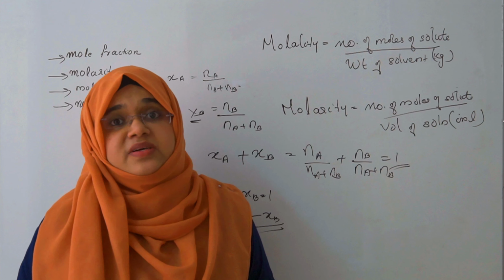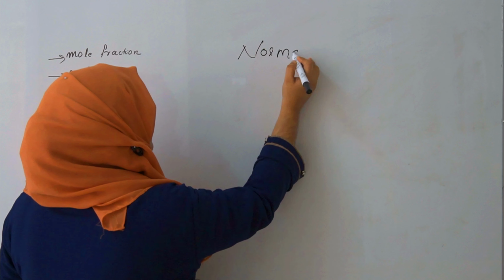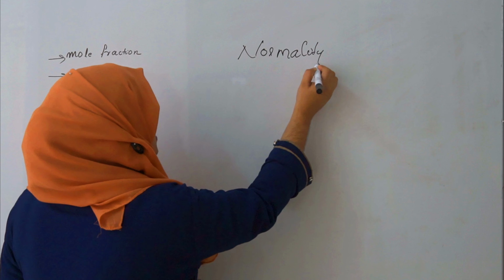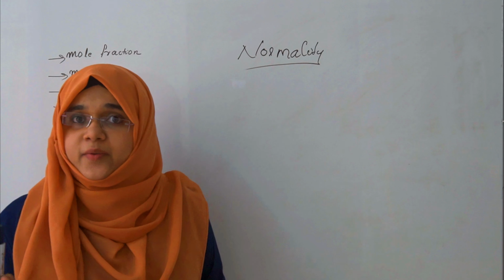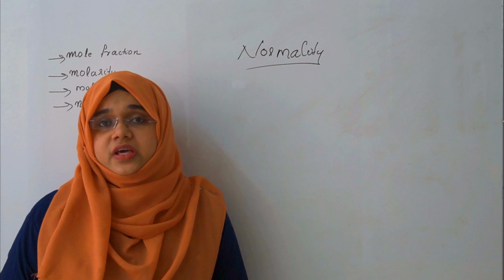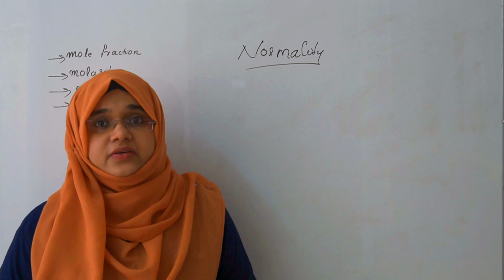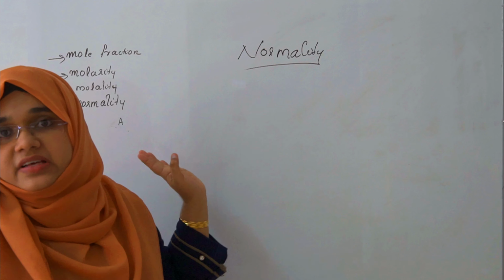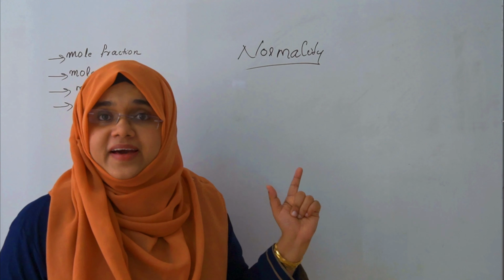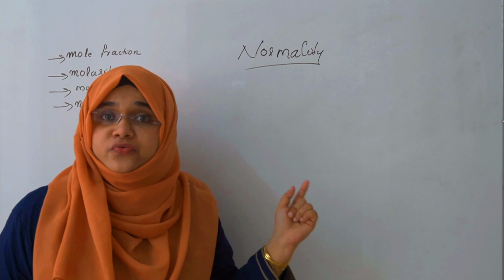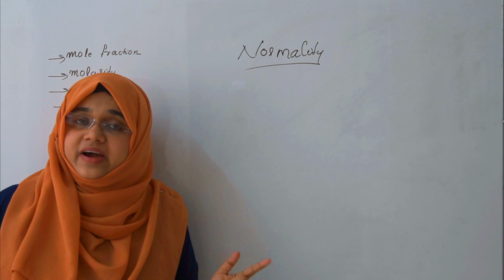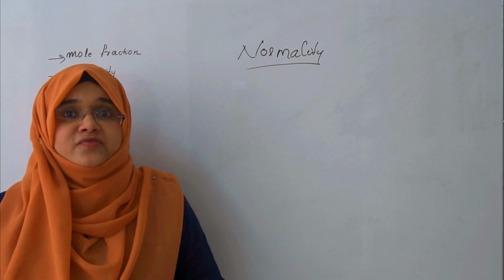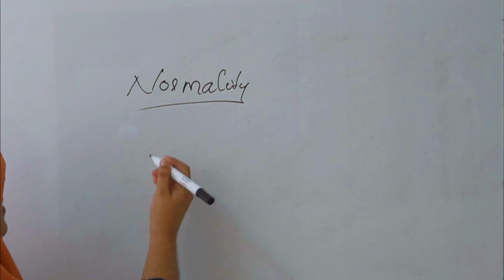The next important term is normality. This is not in our textbook, but in laboratory activities we have to be familiarized with this too. Normality is the number of gram equivalents divided by the volume of solution in liters.